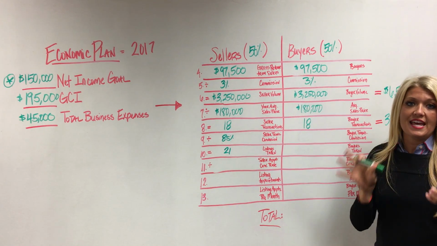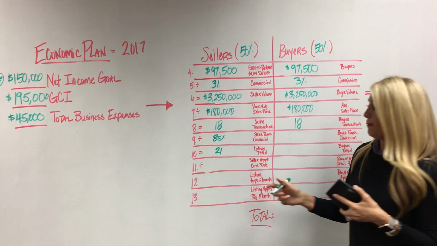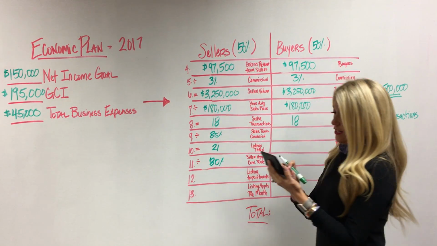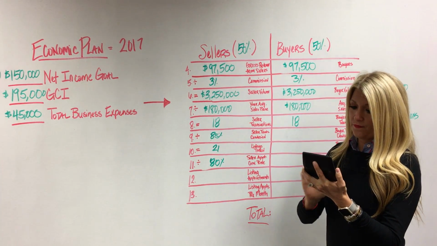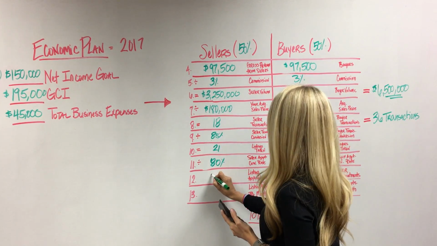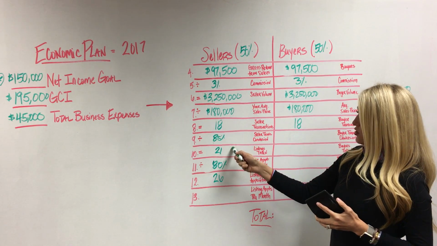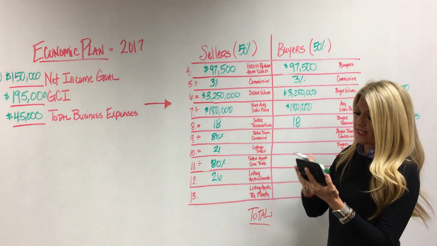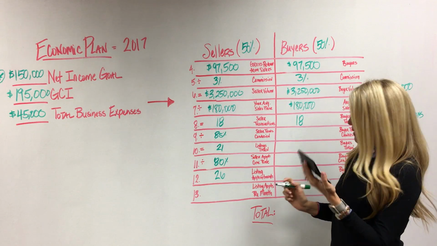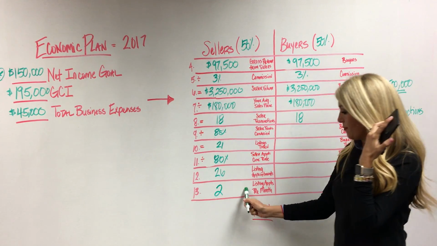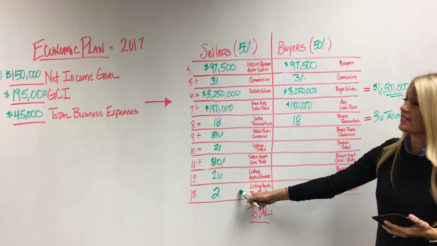If you go on 10 listing appointments, how many of those do you typically get? The average here is right around 80%. What that tells us is that you need to go on 26 listing appointments to take 21 listings to actually close 18. You can break that down a step even further and divide that by 12, and that would mean that you would need to go on 2 listing appointments every single month of 2017.